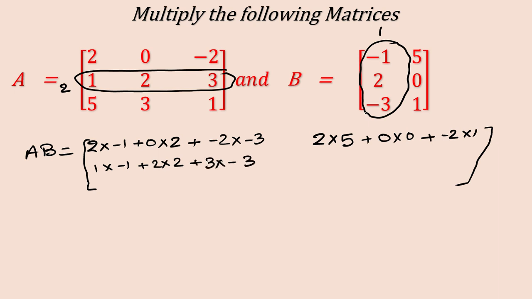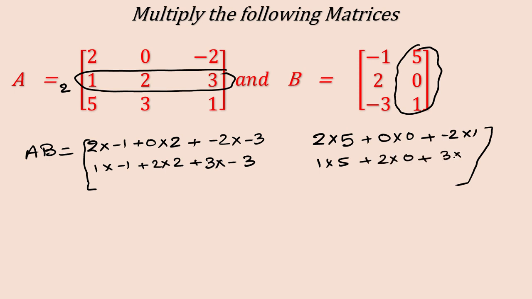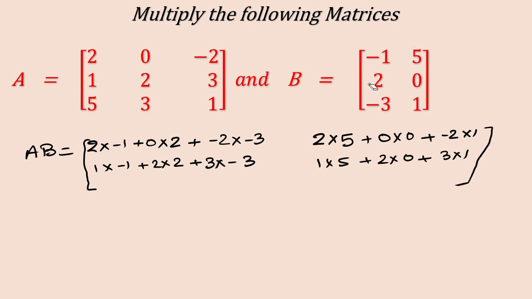minus 3. Same repetition you will do with second row and second column. So it will be 1 multiply by 5 plus 2 multiply by 0 plus 3 multiply by 1. And finally, we are going to multiply third row and first column.